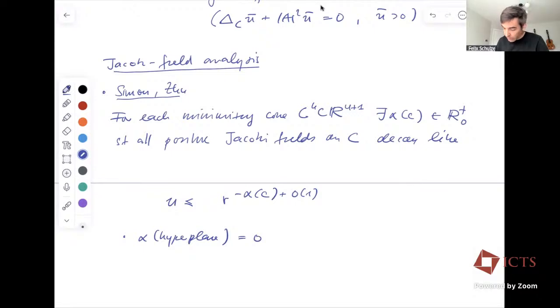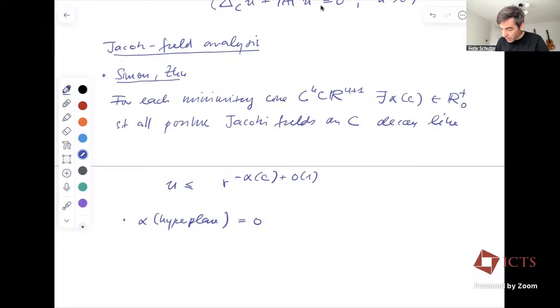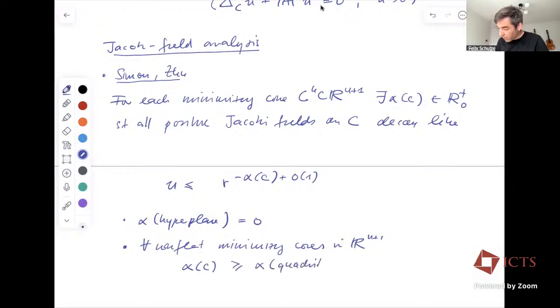But now the interesting thing is, for all non-flat minimizing cones in R^(n+1), one can prove that alpha of C is greater or equal than the alpha of the quadratic cones. Let's call this alpha of n.